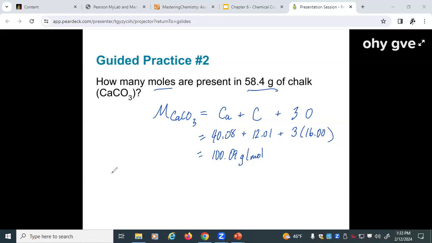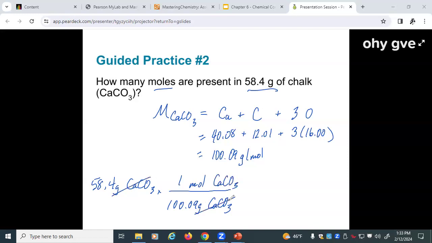Now it becomes a question of turning it into moles. So I start with my 58.4 grams of calcium carbonate. And this is my conversion factor now: 100.09 grams in 1 mole.